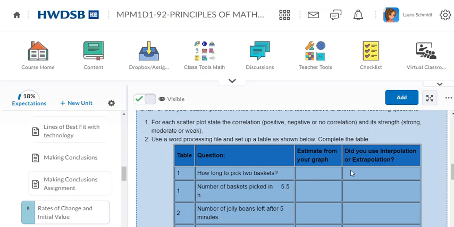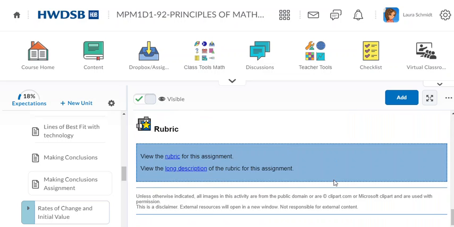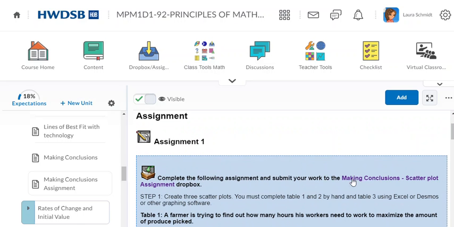Well, this one involved extrapolation because I had to extend my line of best fit because my data didn't go that far. So you're just saying which one you used. I think some people still don't really understand which one's which, so I did make a video, if that helps. Then you want to hand it into the Making Conclusions Dropbox.